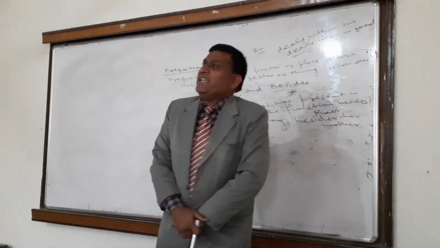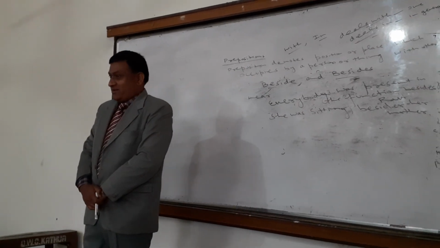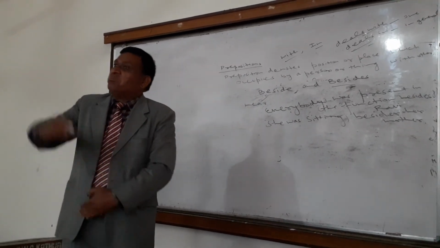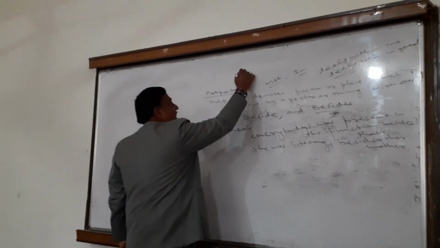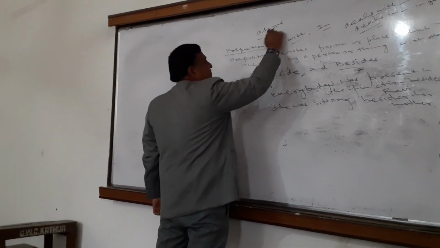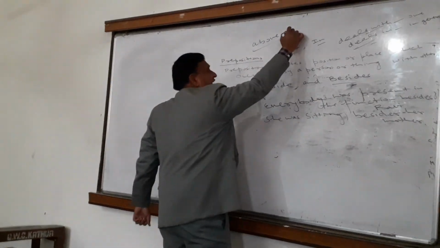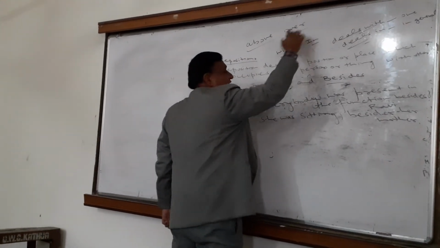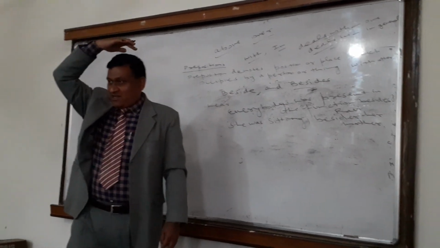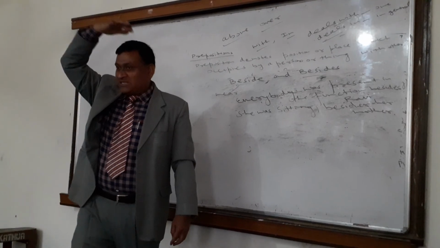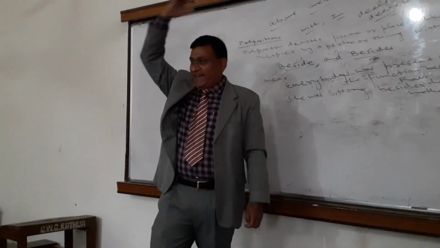Many times we may be using above, over. Above means very high. Above we use for higher. Over, I was flying over the clouds. When you go by aeroplane, an aeroplane flies over my head.